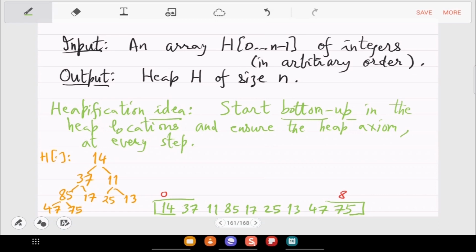And there do you see a violation of heap axiom? At 85, right? So at 85 there is a violation. So what should you do here? Yeah, so 85, you look at the children, minimum is 47. So you should just exchange with that.